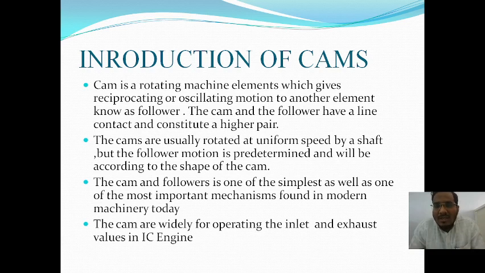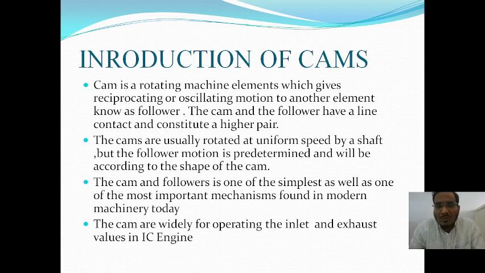The cam operates the inlet valve and outlet valve with the help of a camshaft. So how it is operated, how it is manufactured, the shape of the cam, and how energy is converted from the cam to the other element, that we have to discuss here.